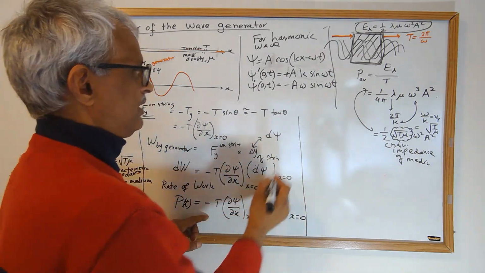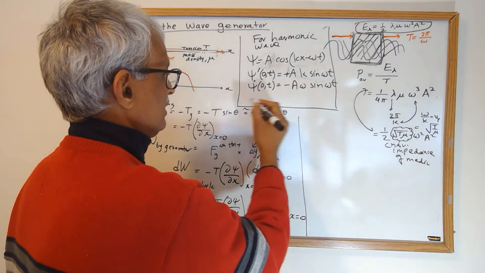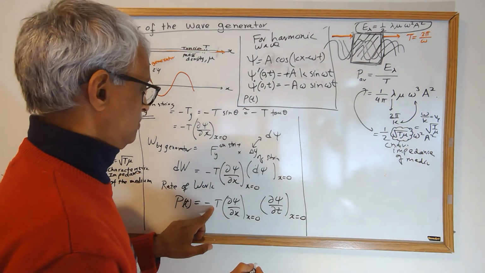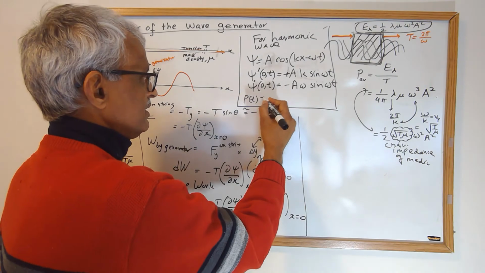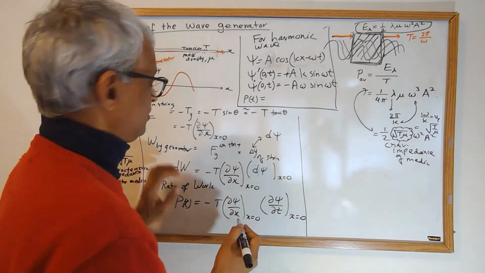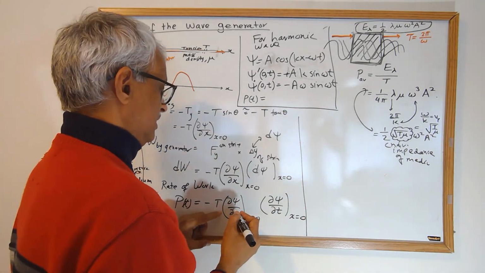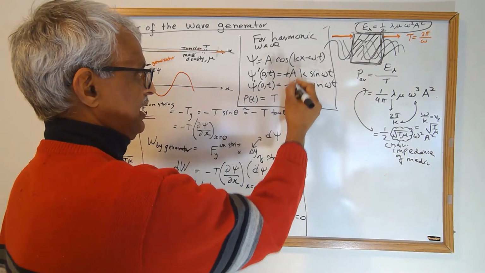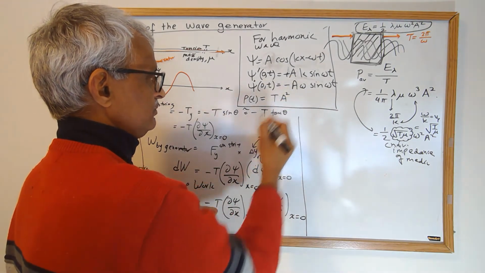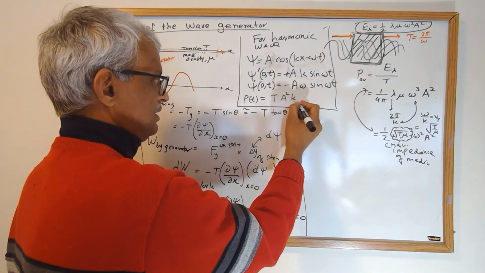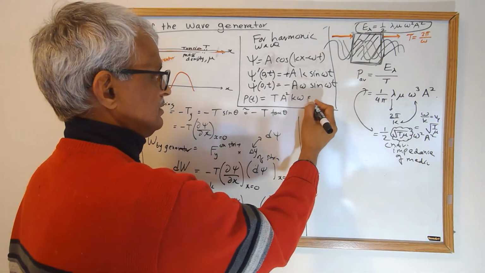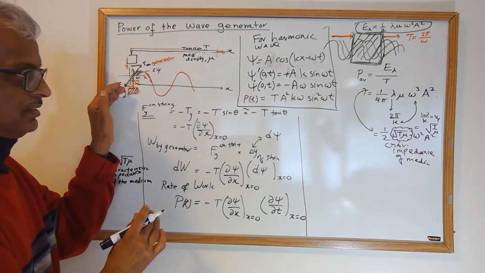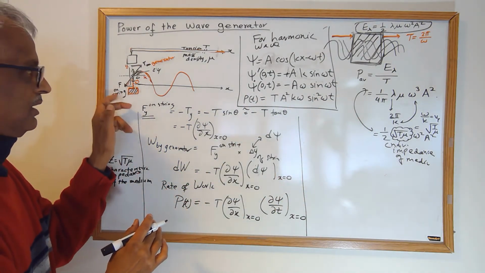Take the product of those two things, so I get P(t), the instantaneous power, with a minus times a plus. So the work done by the generator is positive work. I get T A squared k omega sine squared omega t. So this power actually is not the same at different times.